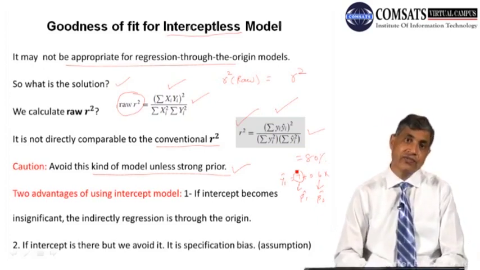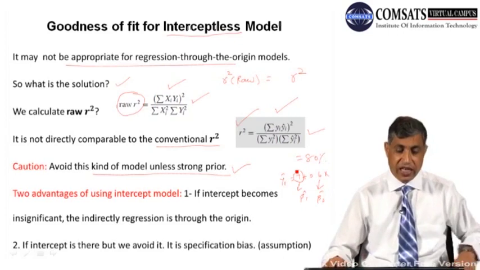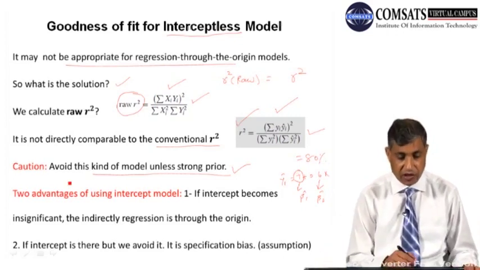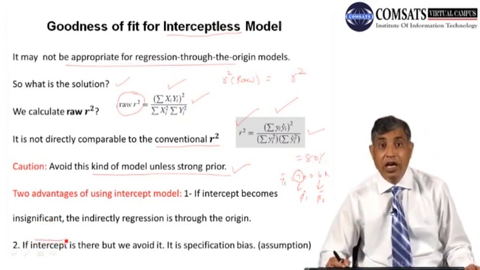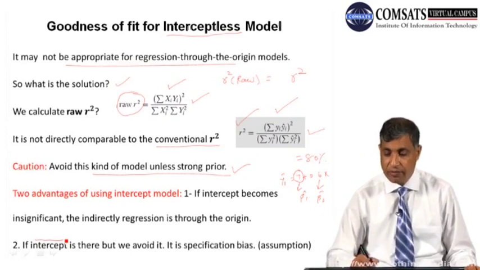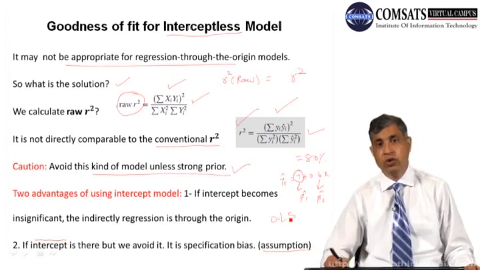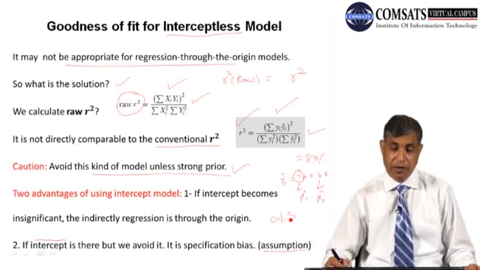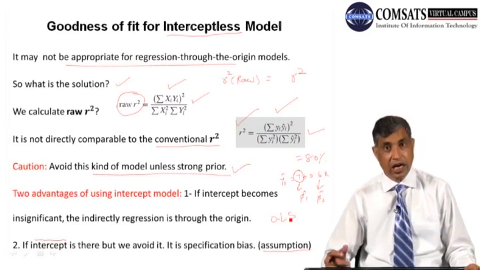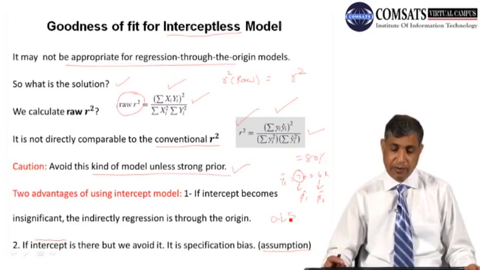If the theory says that the intercept is there, but you exclude it, you are violating a major assumption of the classical linear regression, and when you estimate by OLS, there may be problems, and there are some other problems.